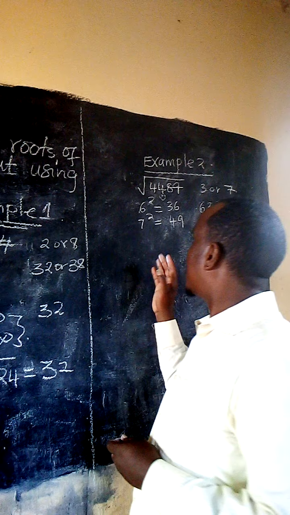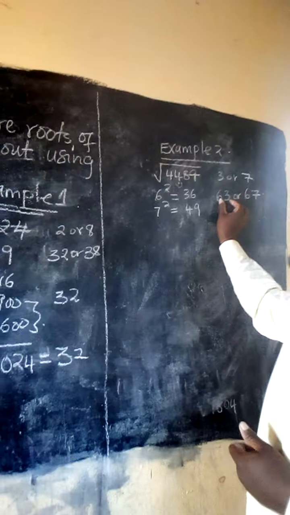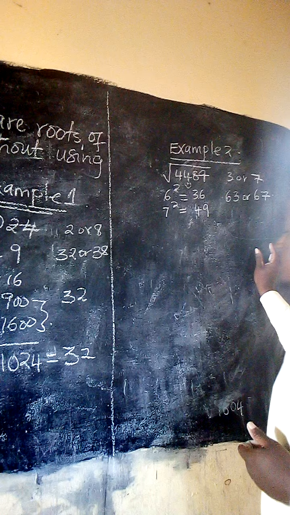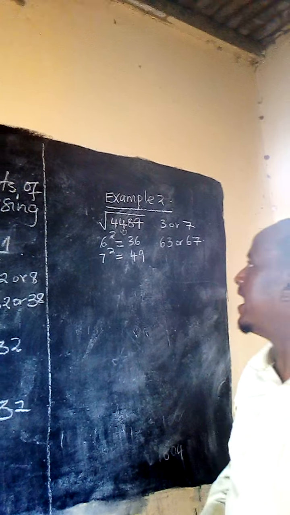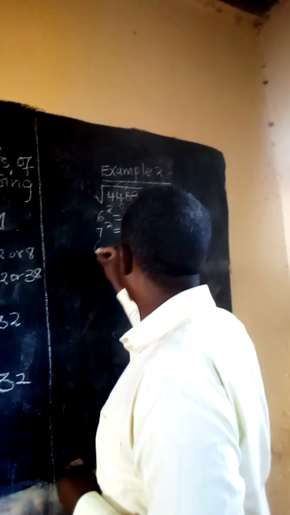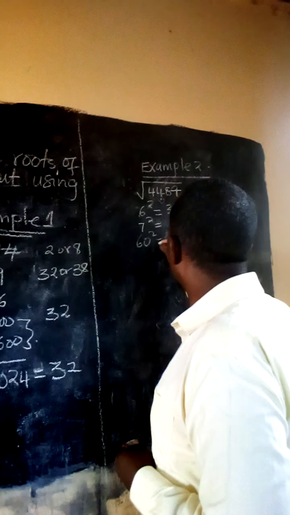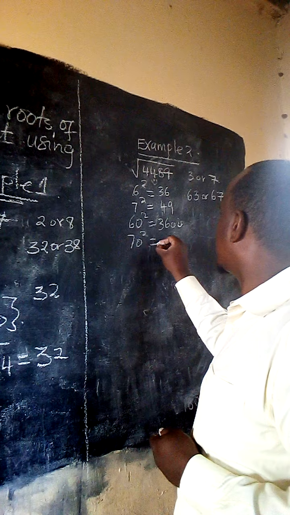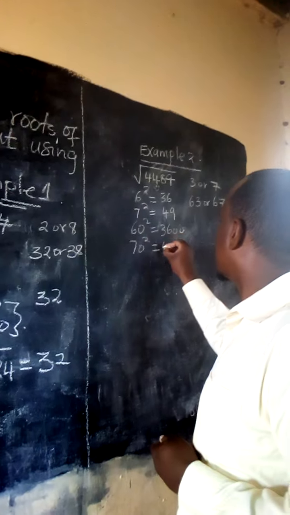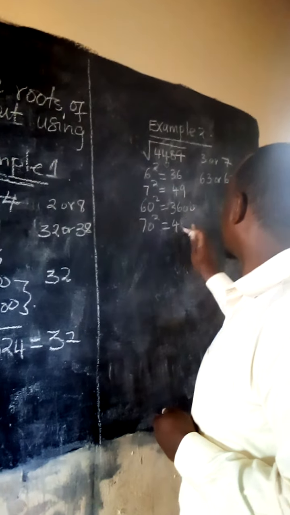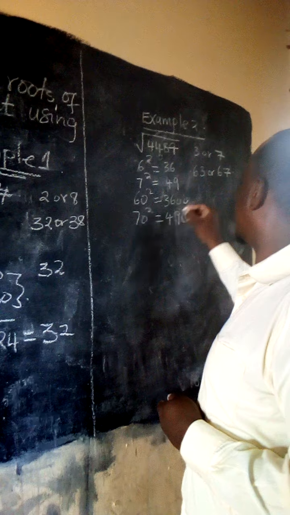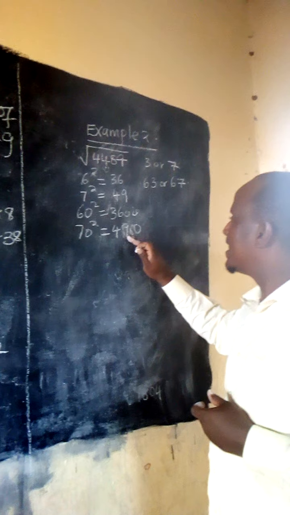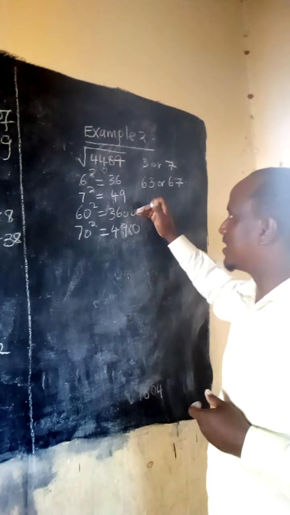Now we come here. We can see that 63 is in between 60 and 70, and 67 is also in between 60 and 70. So we can say 60 squared will give you 3,600, and 70 squared will give you 4,900. Which one is it nearer to, 4,900 or 3,600?